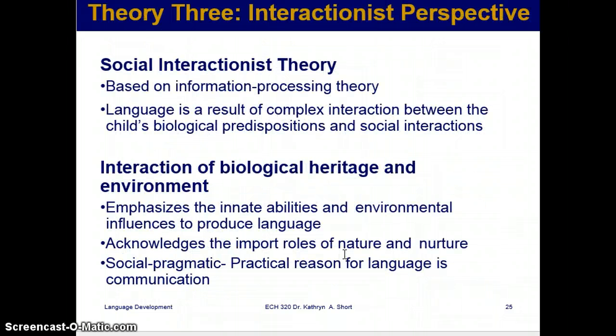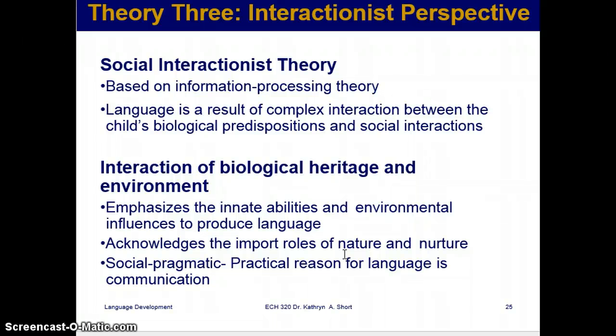Okay, this is the last slide. Still staying on theory 3. Social interactionist theory. Point 1, it's based on information processing theory. Point 2, language is a result of complex interaction between the child's biological predispositions and social interactions. The next point is interaction of biological heritage and environment.